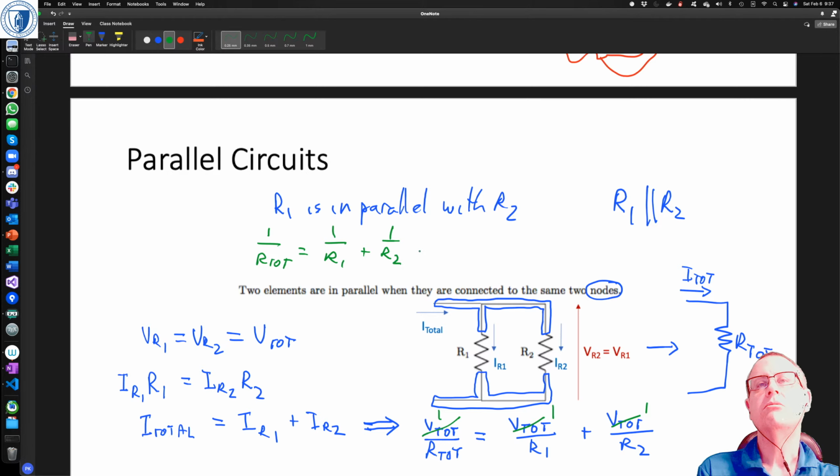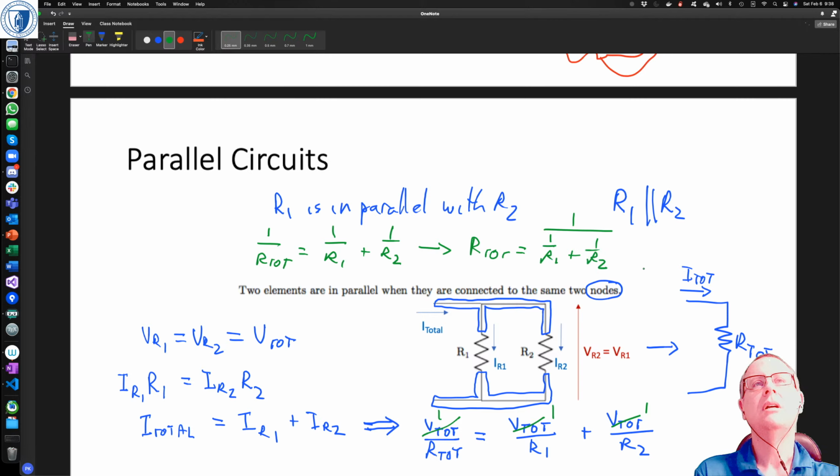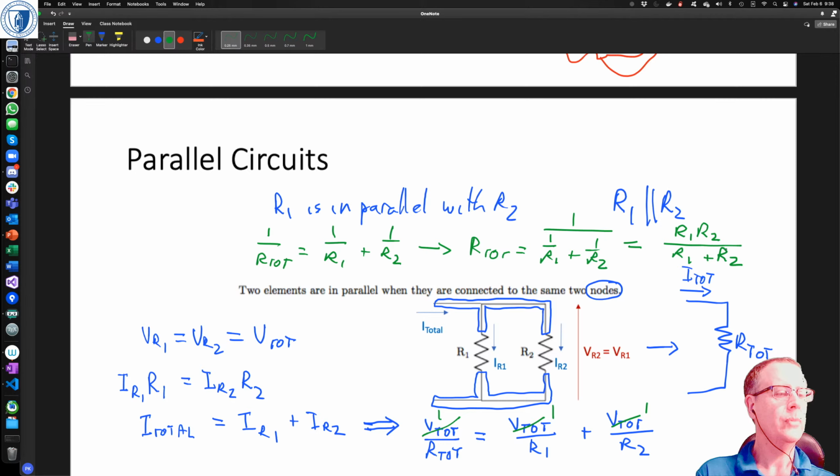Or rewriting it a little differently, R total is equal to 1 on (1 on R1 plus 1 on R2). Or rewriting it again, I can write that as R1 on R1 plus R2, and if I multiply top and bottom by R1 and by R2, I get the last expression.